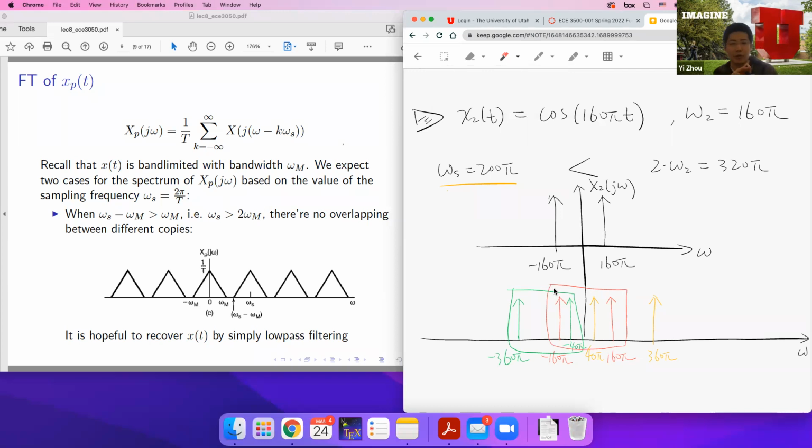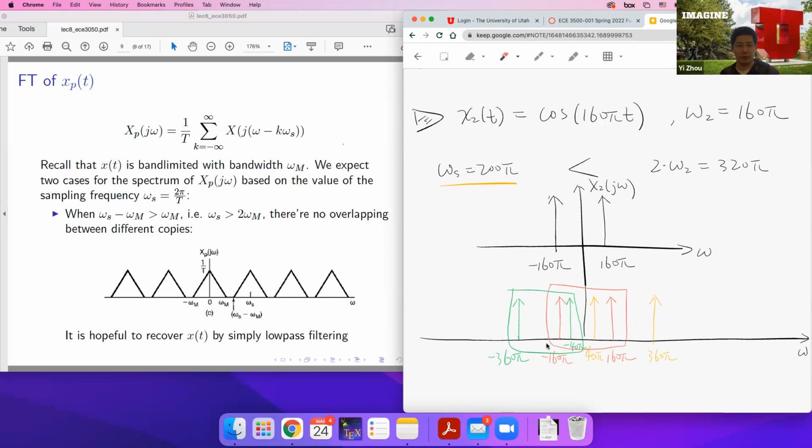This means, let's say you want to apply a low pass filter and filter out the first copy, this pair of red arrows. If you do that, you will have 4 arrows, right? 2 from the first copy and another 2 from the second and third copy. And that will give you a wrong estimation of the original spectrum.